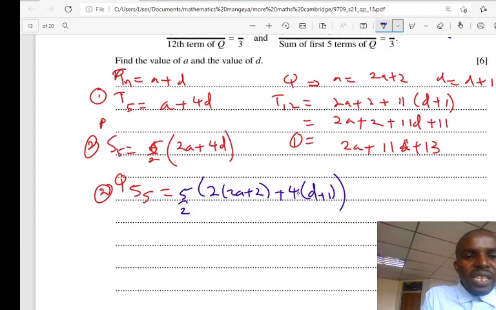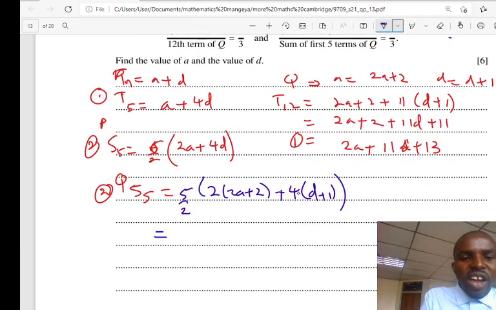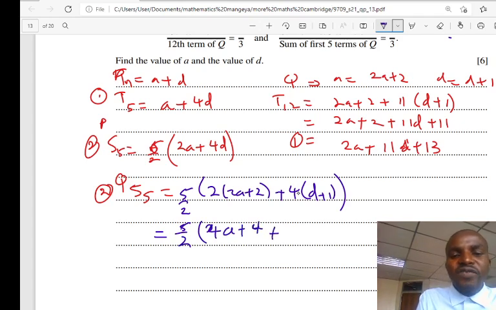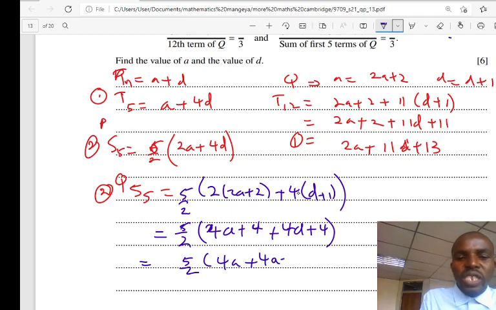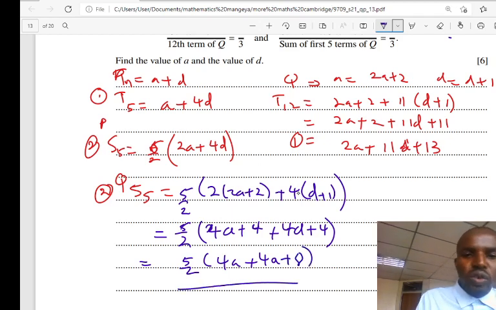Then you can simplify here. 5 over 2, then 2a will be 4a. Remove the brackets, plus 4, then plus 4d plus 4. Close the bracket. Then simplify inside: 5 over 2, then inside 4a plus 4d, then 4 plus 4 is plus 8. So this one is the sum of 5 terms of Q.